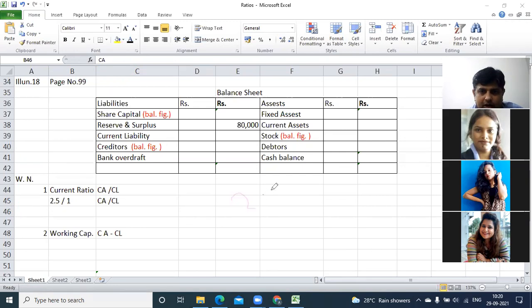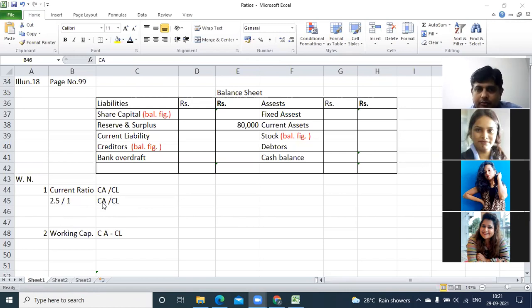एक्चुअली ये 2.5/1 है. ये CA/CL है. क्रॉस मल्टीप्लिकेशन जो आपने बचपन में मैथमेटिक्स में सीखा रहेगा वही अप्लाई होगा. तो ये क्या आएगा 2.5 into CL and 1 into CA.